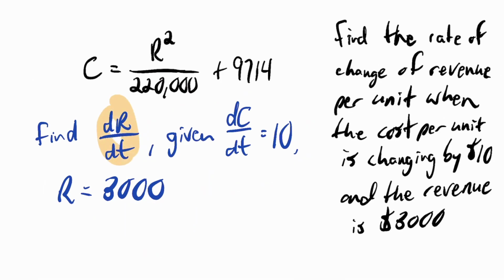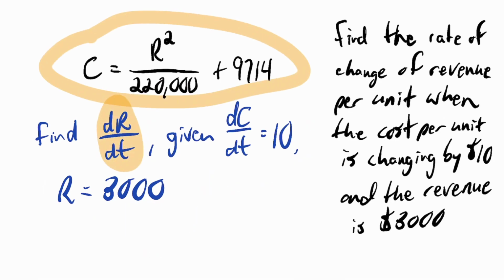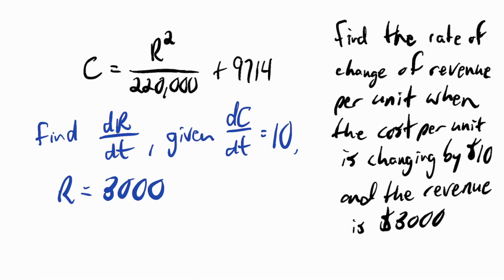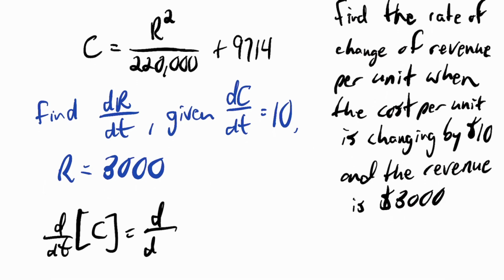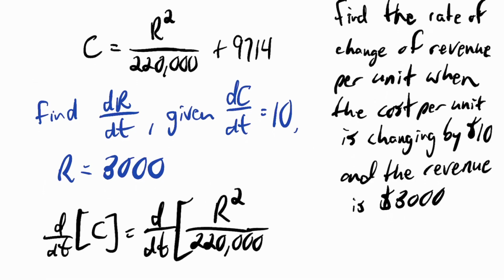Now I want to find dr/dt, so I need to take this equation and apply the derivative with respect to time to both sides of the equation so I can get dr/dt and dc/dt to show up. So I'm going to find d/dt of C equals d/dt of R squared over 220,000 plus 9714.